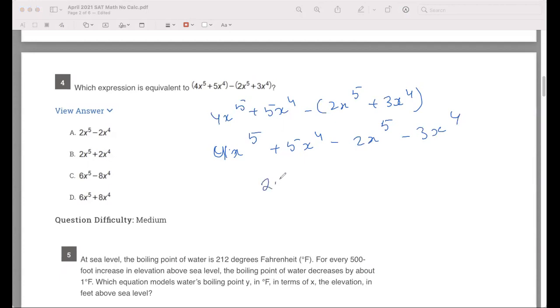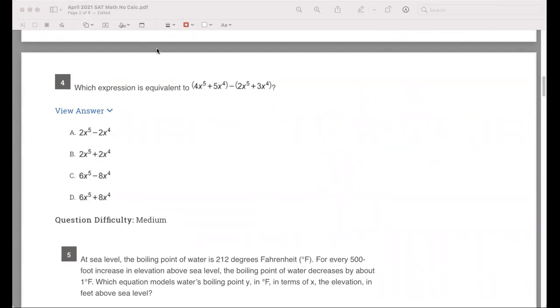So 4 minus 2, 2x to the power 5 plus 5 minus 3, 2x to the power 4. So it's 2x to the power 5 plus 2x to the power 4, option B. Okay, so let's choose option B then.